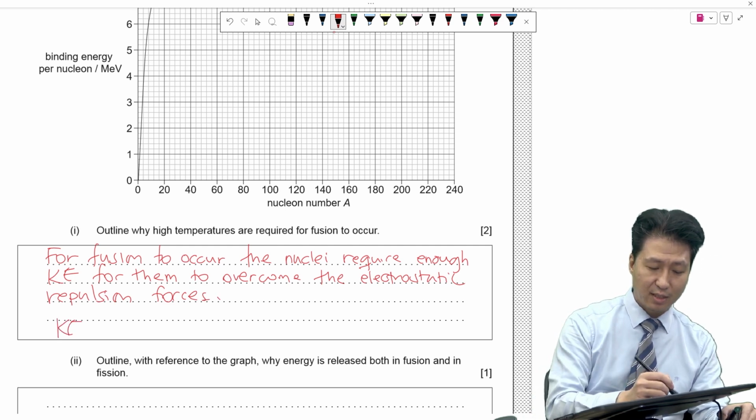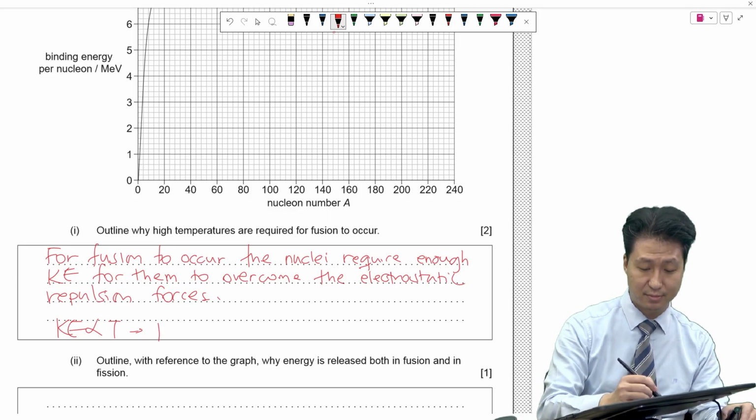And finally, since the kinetic energy is proportional to the temperature, this would require a very high temperature.